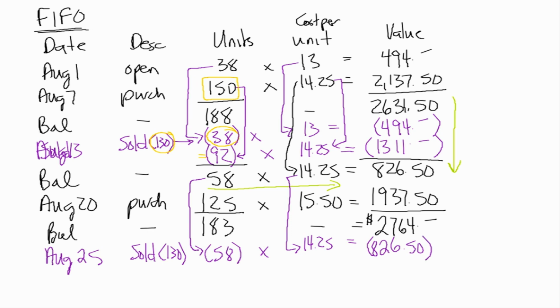Now, 130 minus 58 will tell me how many units I'm going to take out of the 125. From there, I'm going to take, just a minute, I got it here somewhere, 72. Now, does everybody understand how I got the 72? Any questions about that, or are we good to move on?